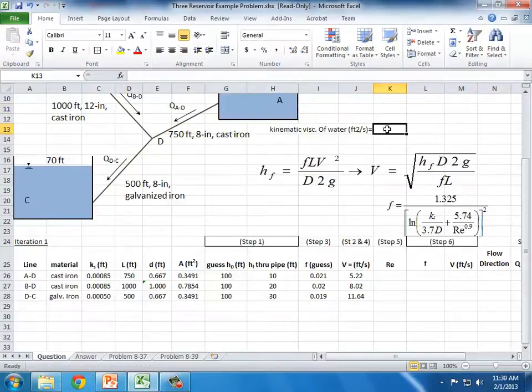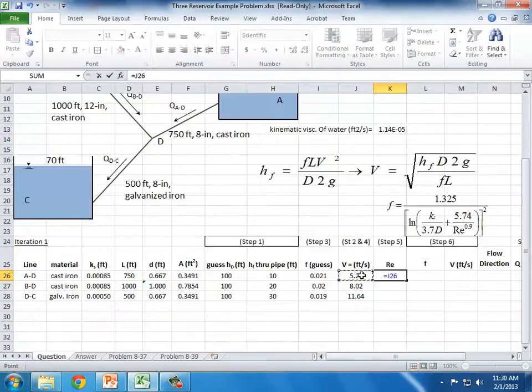It is 1.138 E negative 5. Okay, so when I calculate the Reynolds number here, that's going to be the velocity of the water times the diameter divided by the kinematic viscosity. And I'm going to anchor that reference to kinematic viscosity. Drag down the Reynolds number.